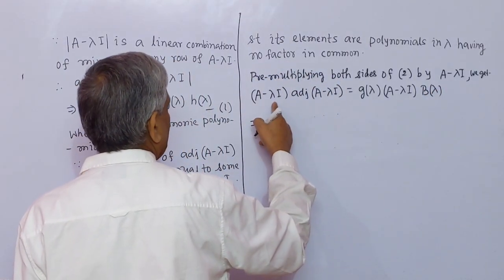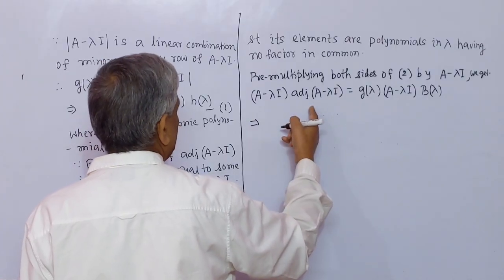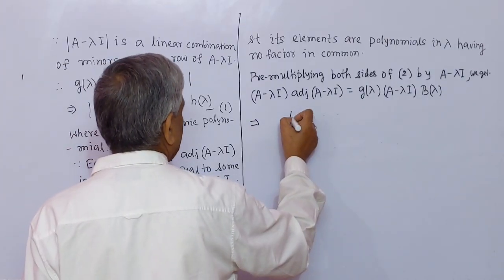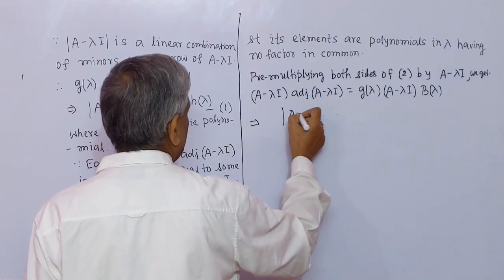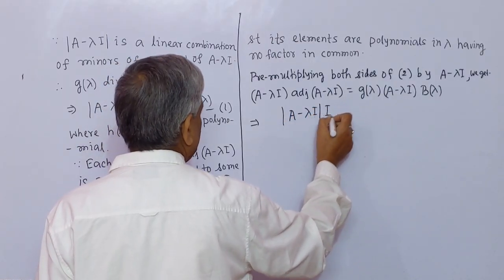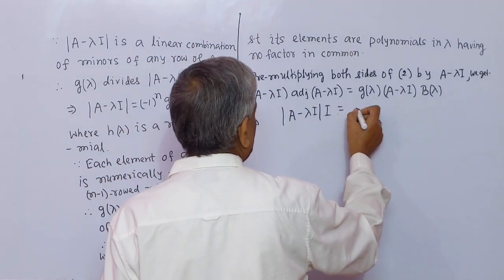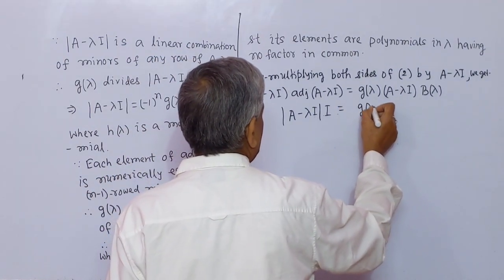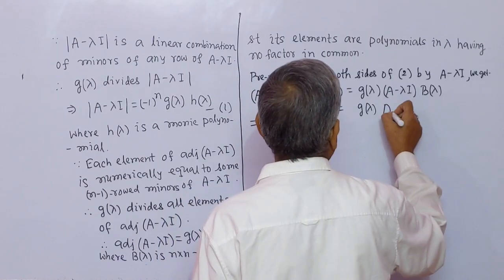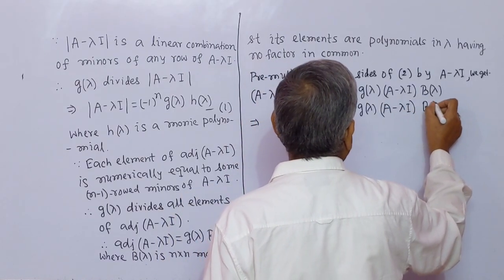Since A adjoint A means determinant A multiply unit matrix, here determinant of A minus lambda I times unit matrix equals G lambda multiply A minus lambda I multiply B lambda.